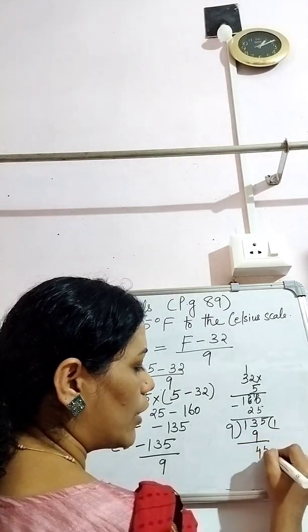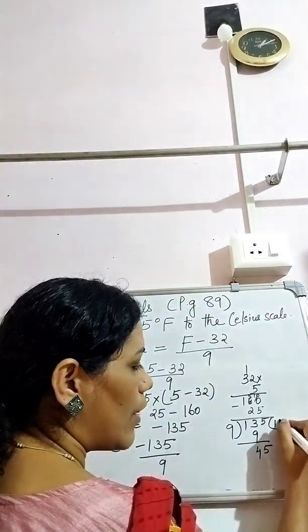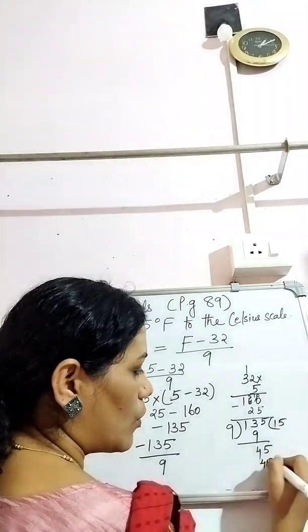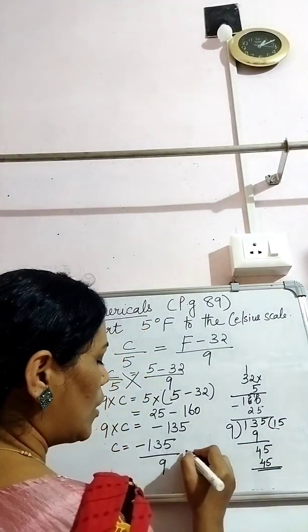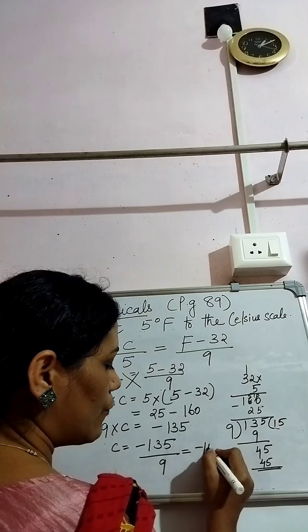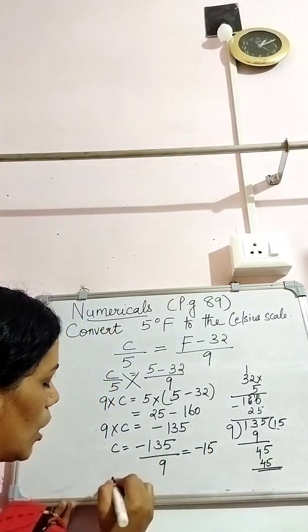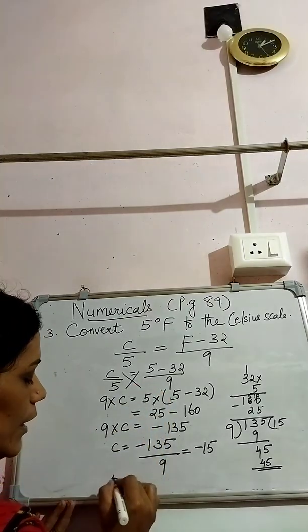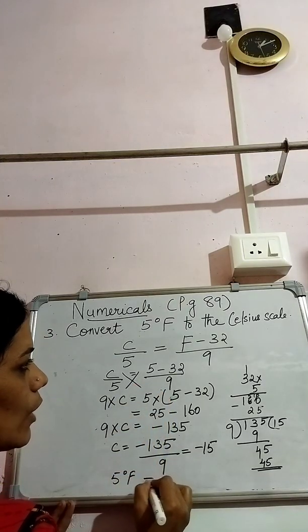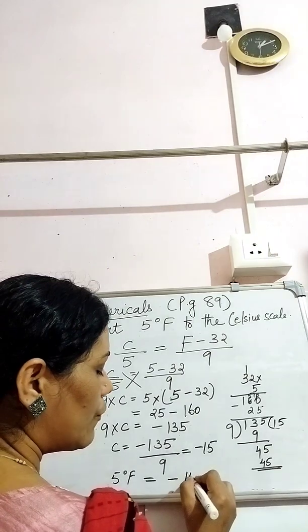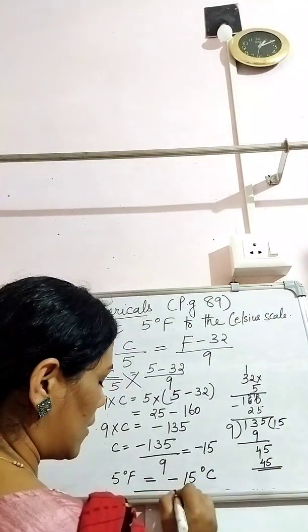Remaining 4, 45. 9 5s are 45. When you divide, you will get 15. So, minus 15, negative sign you have to consider. Therefore, finally, 5 degree Fahrenheit is equal to minus 15 degree Celsius.